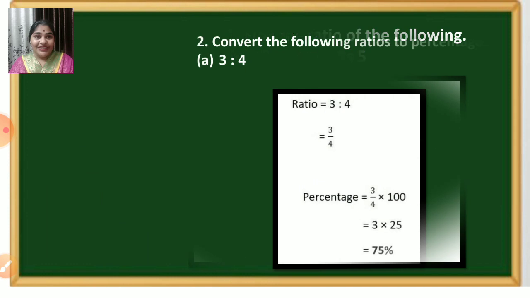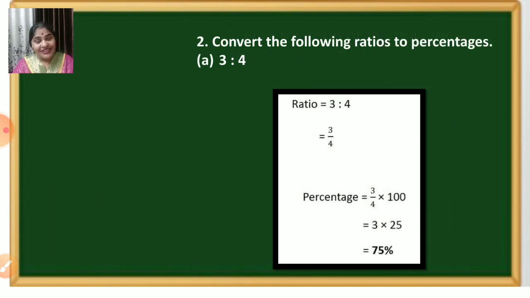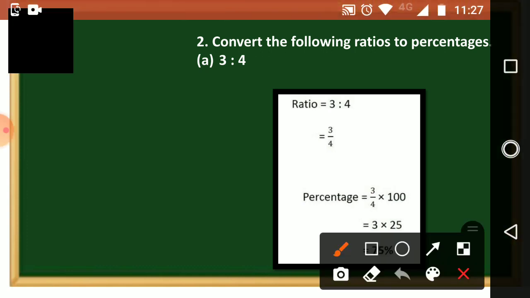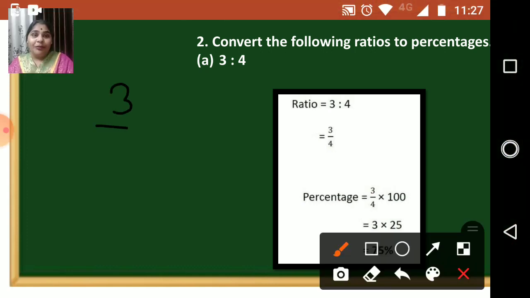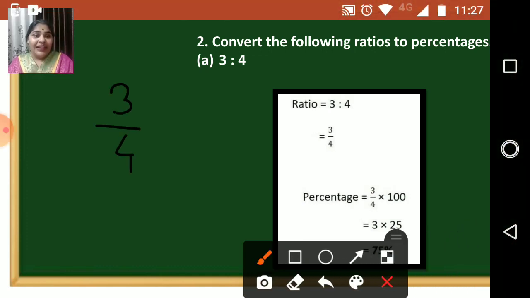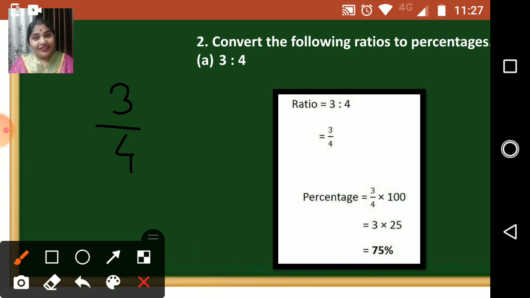Let us proceed with the next one, that is exercise 8.1, question number 2. Convert the following ratios into percentage. Okay, so in that the first bit is 3:4. Now 3:4, when we write in a fraction form, children, it will be 3 upon 4. And as I have earlier told in the recall, either you make the denominator 100.